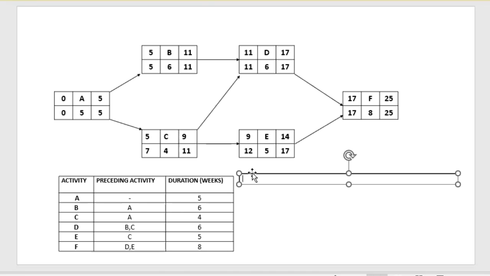So for path A, B, D, F, let's look at it. A, the duration for the path is 5, right? 5 weeks.